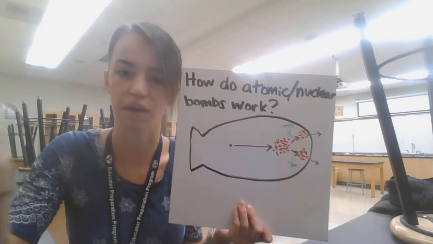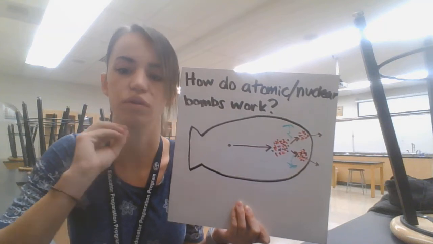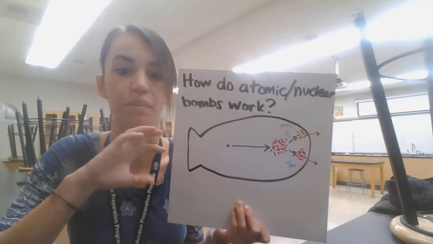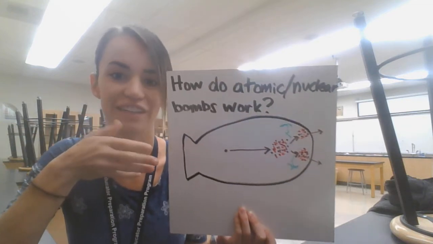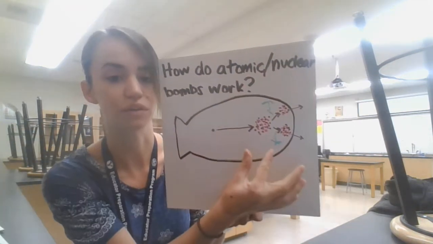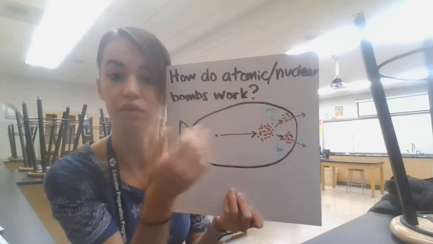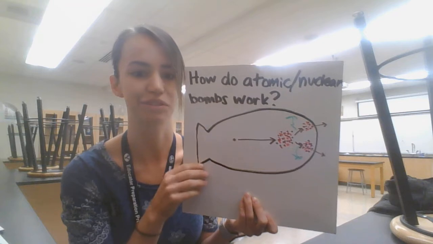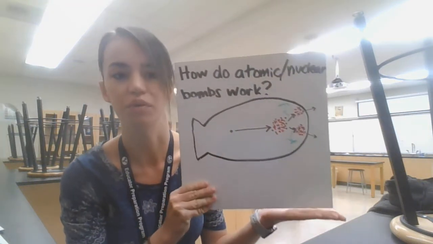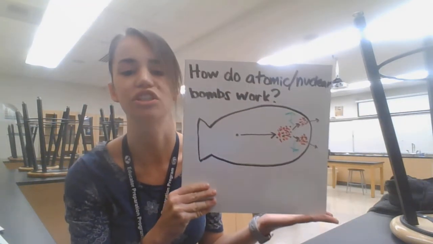Is it fusion, the coming together of two smaller nuclei, or fission, when a big nucleus breaks apart? Hopefully you're able to answer that. It's fission. We see this big nucleus breaking apart into smaller ones, and as that happens we release a lot of energy and get a big explosion. So nuclear or atomic bombs are usually done with fission.